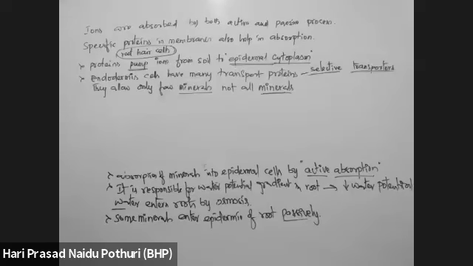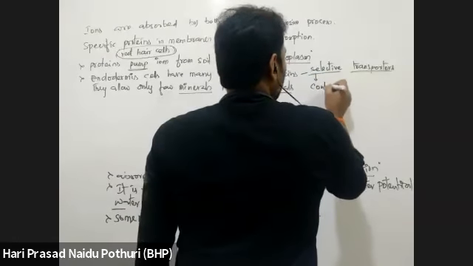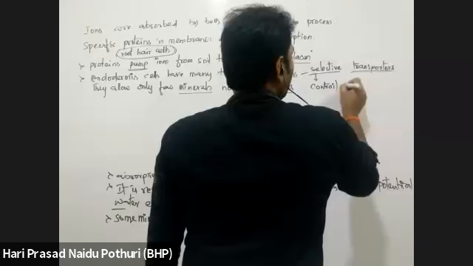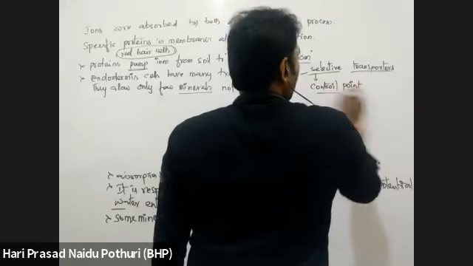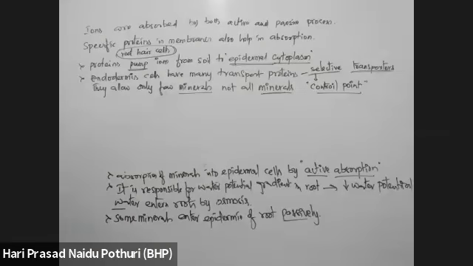They allow only some. They are said to be control points, which control the entry of minerals into the tracheary element through the endodermis.